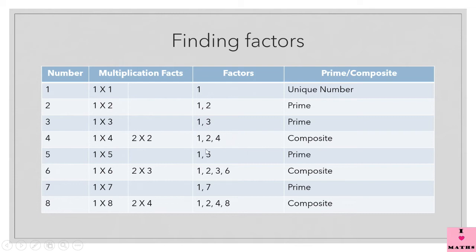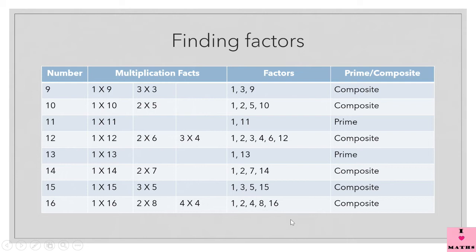Please pay attention, children. 4 has 3 factors. 6 has 4 factors. 8 has 4 factors. So the numbers which have more than 2 factors are called composite numbers.